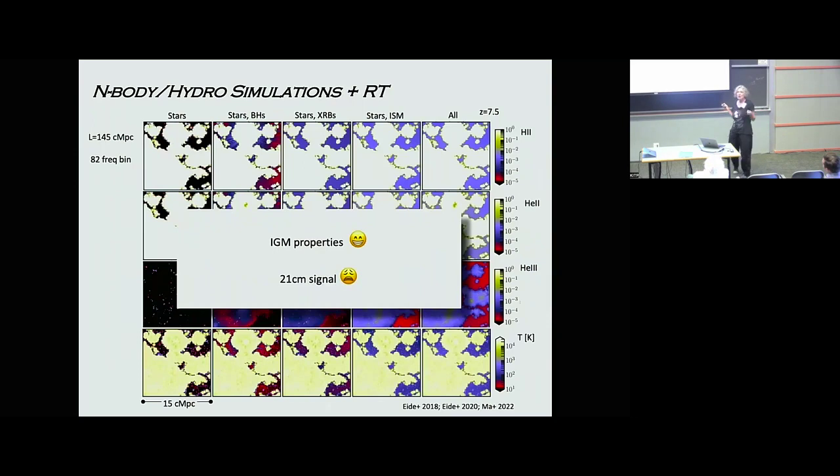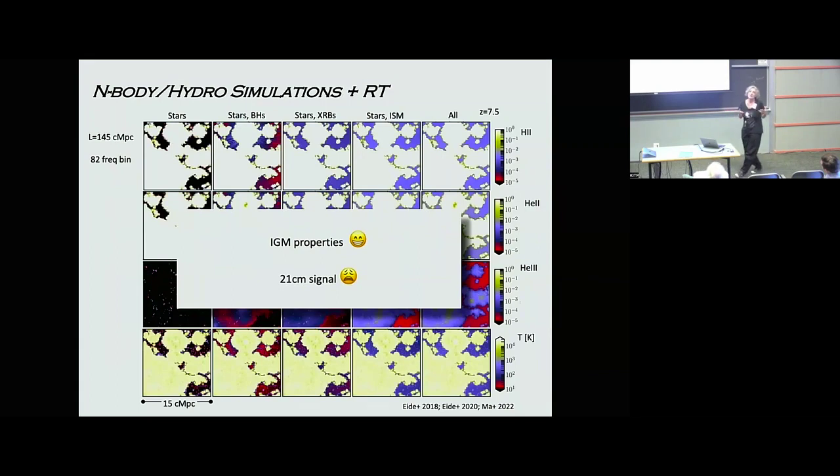But although they are computationally much less expensive than the radiation hydrodynamic simulation that I mentioned earlier, they're still quite computationally expensive. So for some problems these kinds of approaches are not really ideal. I'm thinking about the applications to the 21 centimeter signal observations, which we haven't heard a lot about during this conference.